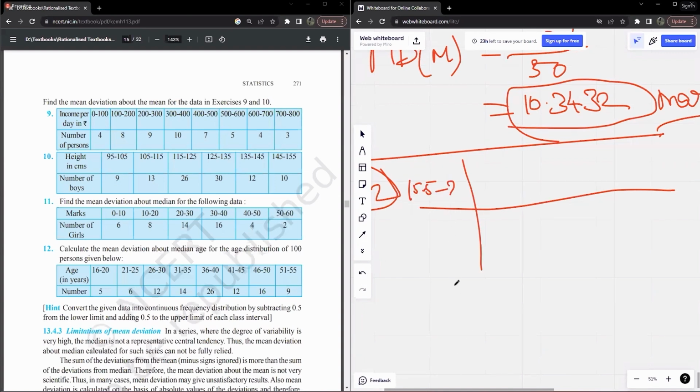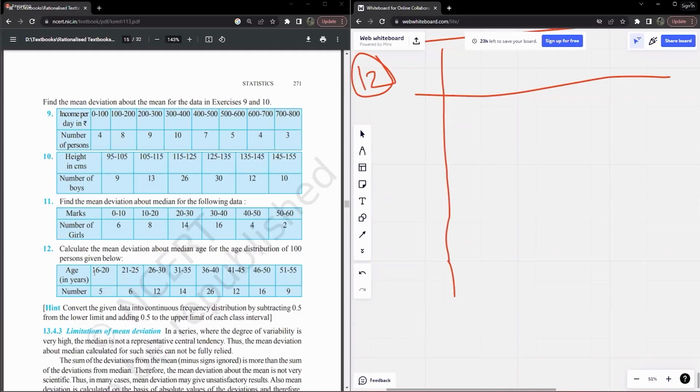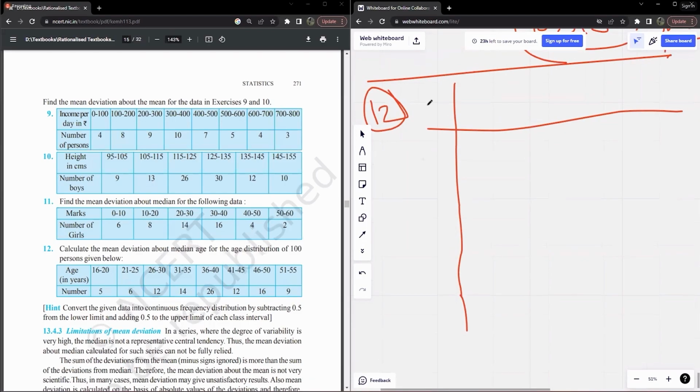Notice that if you are subtracting 0.5 from this and adding 0.5 to this, the mean of the class, or the central figure of the class, your xi, found by adding this to this and then dividing by 2, is not going to change, because the minus 0.5 and plus 0.5 cancel out to 0. So you can directly write your x's as 16 plus 20 by 2, that is going to be what?